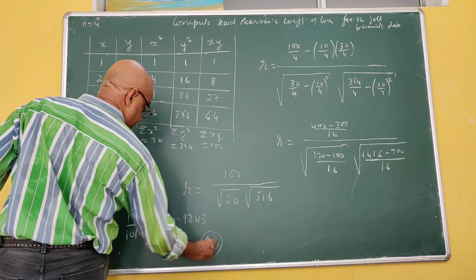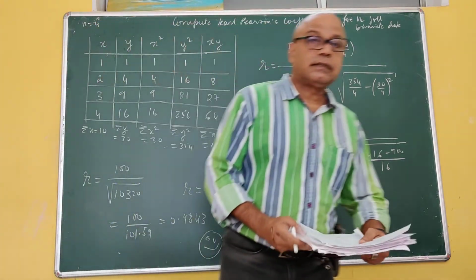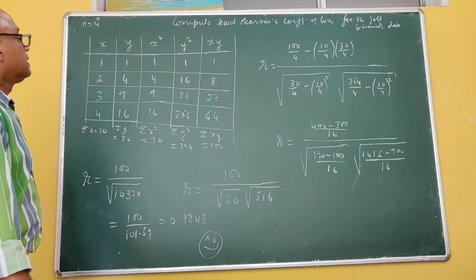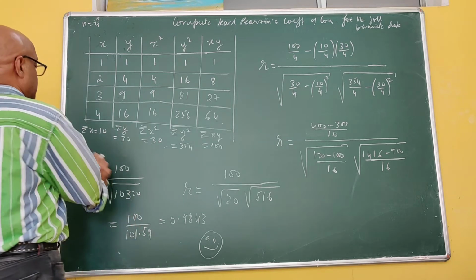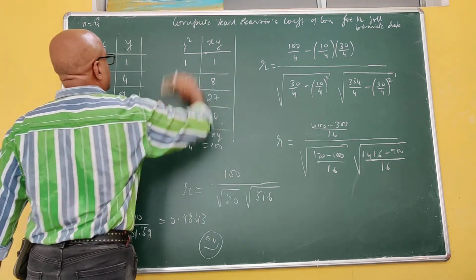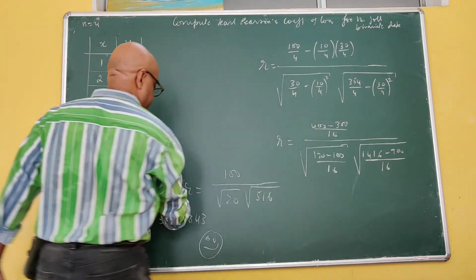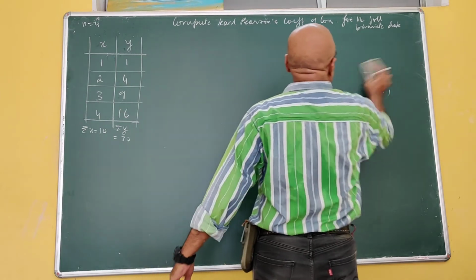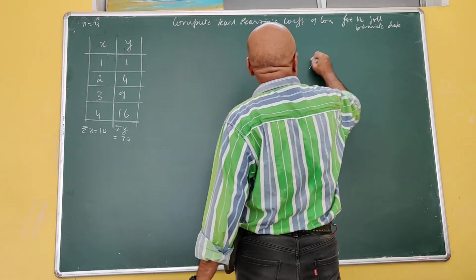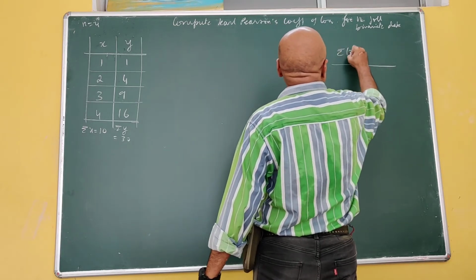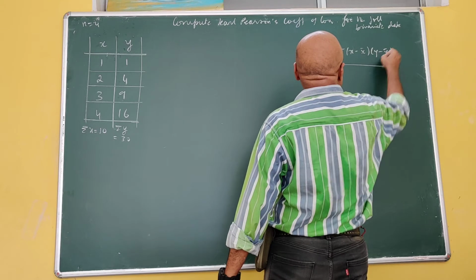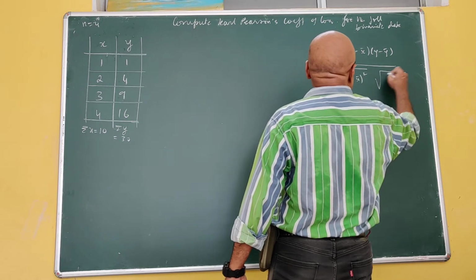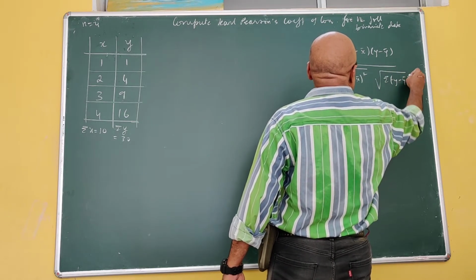That becomes the answer. If you do it the other way around, using the other formula, you should get exactly the same answer. Of course, if you truncate somewhere, then okay. The other formula simply becomes like last time: summation x minus x bar, y minus y bar, divided by square root of summation x minus x bar square divided by summation y minus y bar square.